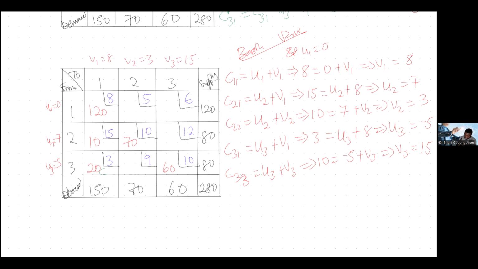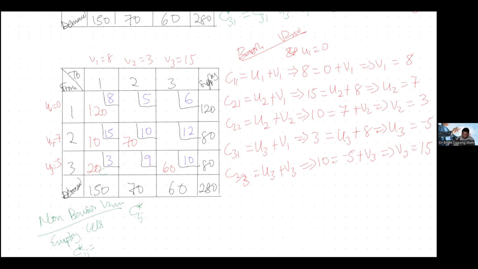So let's do this evaluation here. The non-basic variables, or what we say the empty cells. In evaluating the empty cells, all we are doing is finding the net change, the net change Δij. So Δij is equal to, what was the equation?